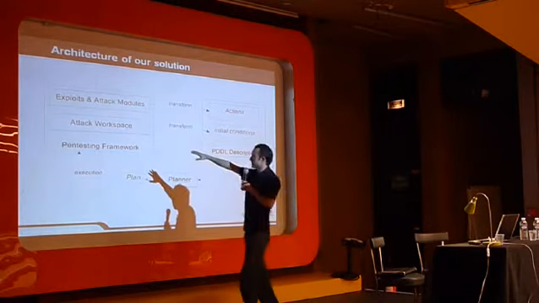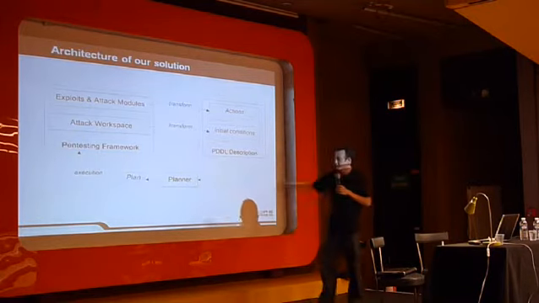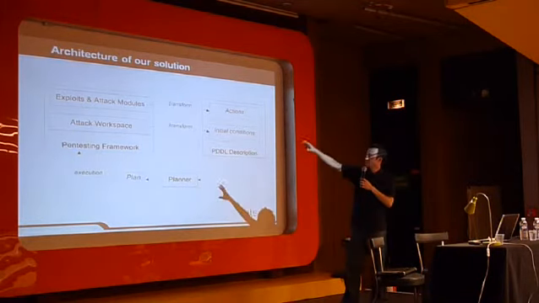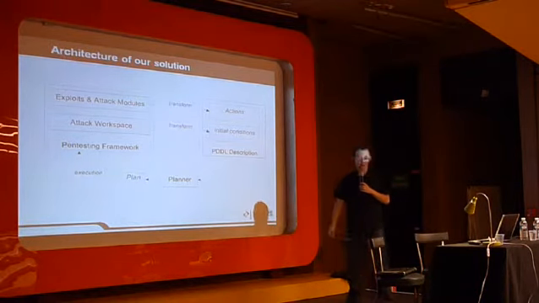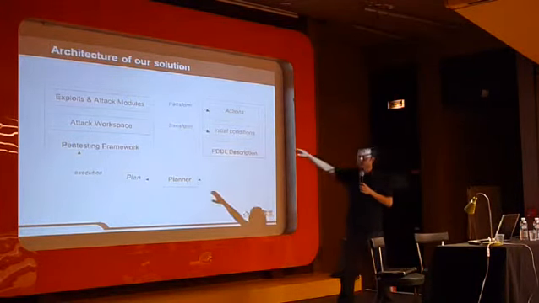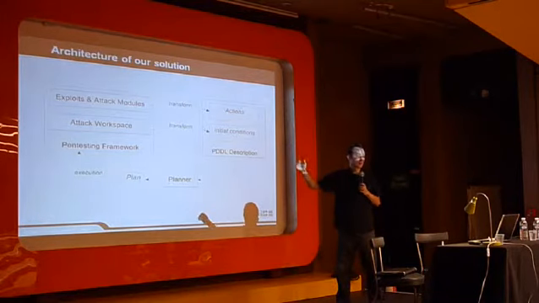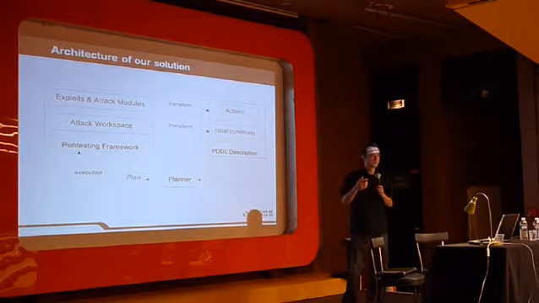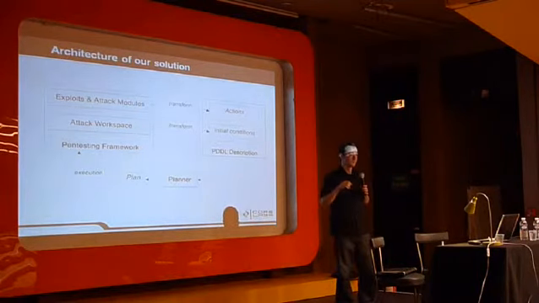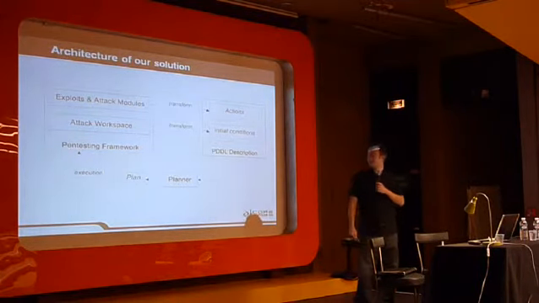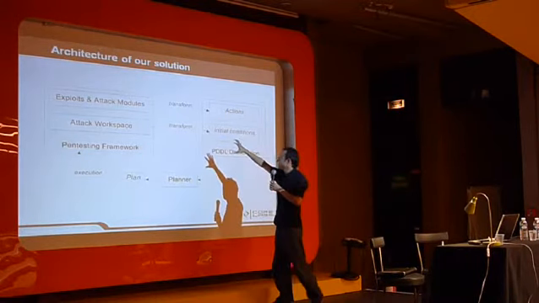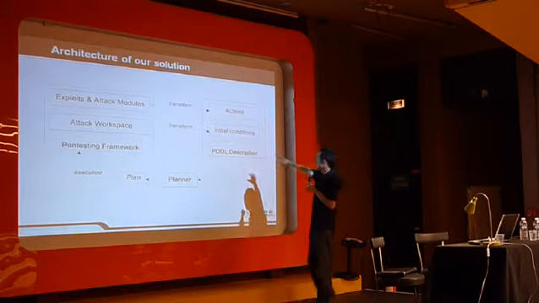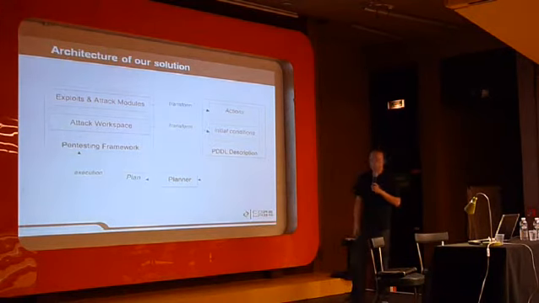So here we have the Pentesting framework. So it can be Impact or Metasploit. When you have all the exploits and all the modules are available. And then we have what we call the attack workspace, which is the information about the current pen test. So there you have the information about the network being attacked. And we have a transform algorithm to translate this into a PDDL description.